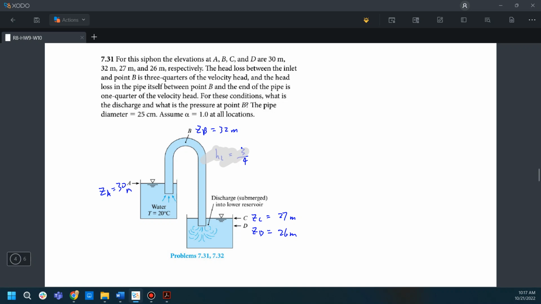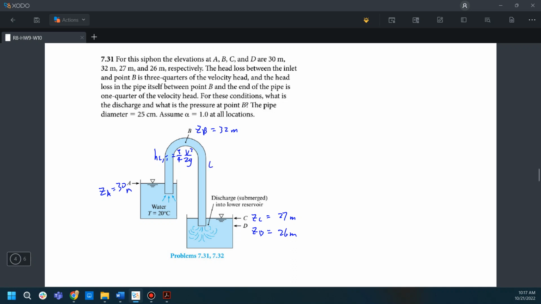Let me write it to the right part because it's inlet to point B. So HL inlet is equal to 3/4 of the velocity term, and the head loss between point B and the end of the pipe is 1/4 of the velocity head.